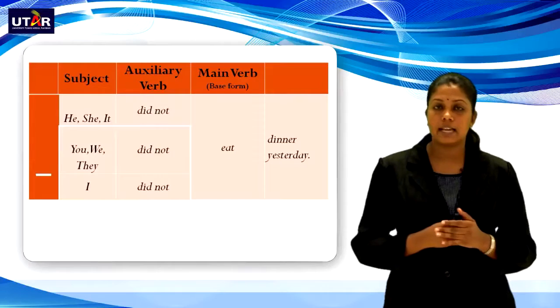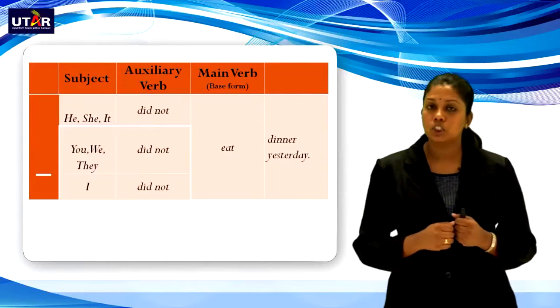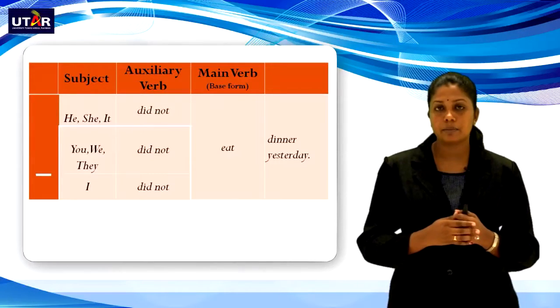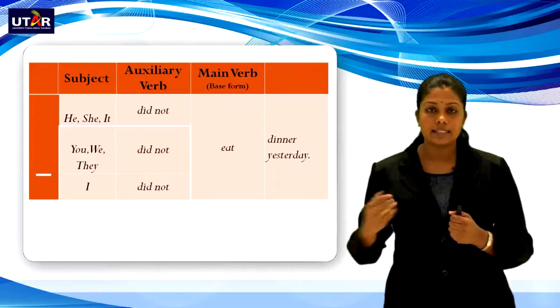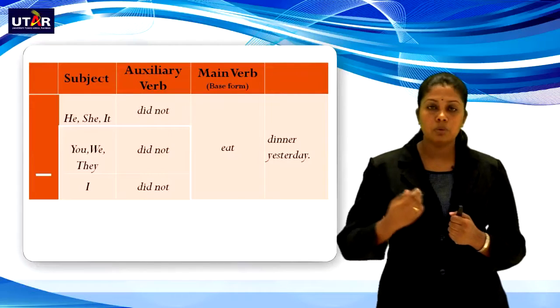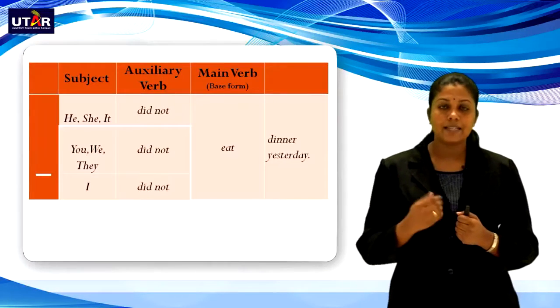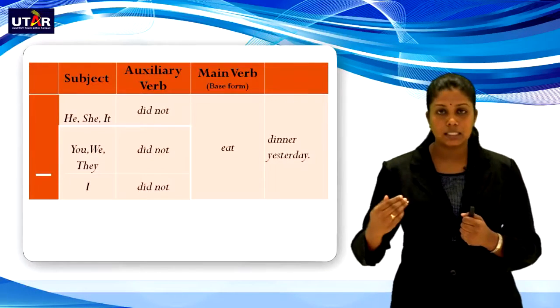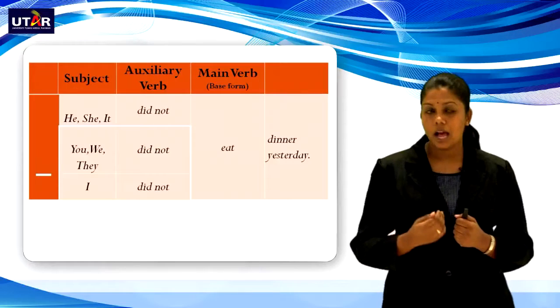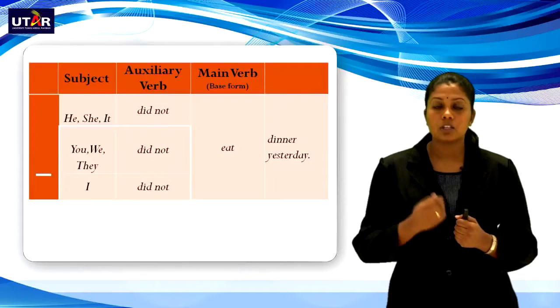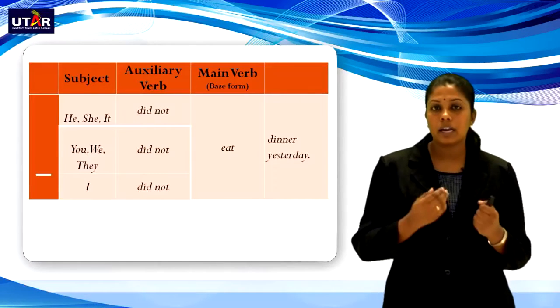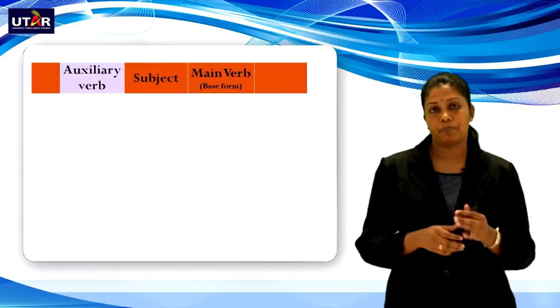So now let's look at the examples. He, she, it, singular subject, did not eat dinner yesterday. You, we, they did not eat dinner yesterday. I did not eat dinner yesterday. So all these sentences are in negative form.